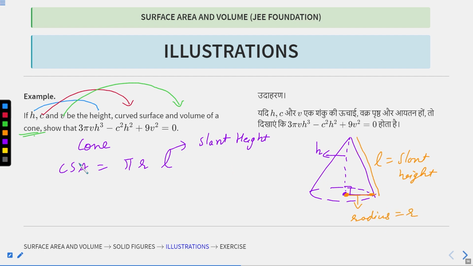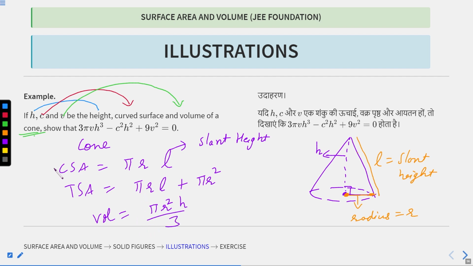Now this is my CSA, the curved surface area. The total surface area is the curved surface area plus the area of the circle, which is pi r square. And the volume, as already hinted, is the area of the cylinder, pi r square h, divided by 3.